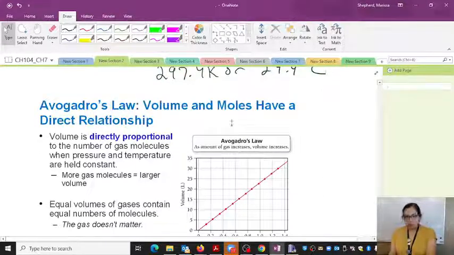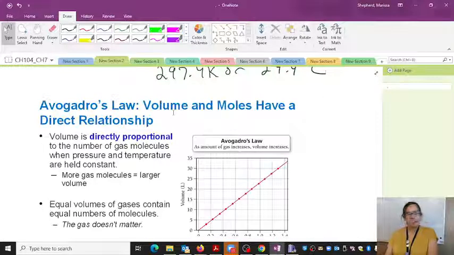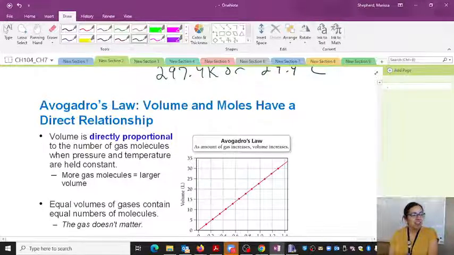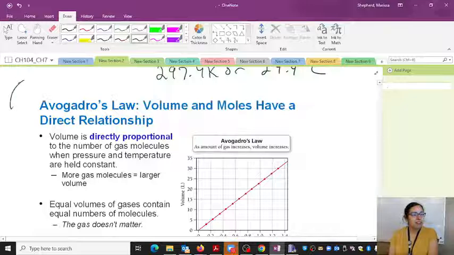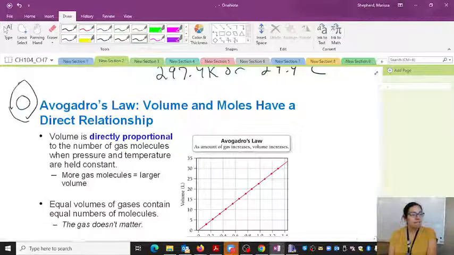And now our last little relationship here: Avogadro's law. Funny story. We were doing a science test for it, and the prize was an avocado with Avogadro's law toothpicked into it. And this was right before we were going to take a 2-week break for COVID. It turned into a lot longer.